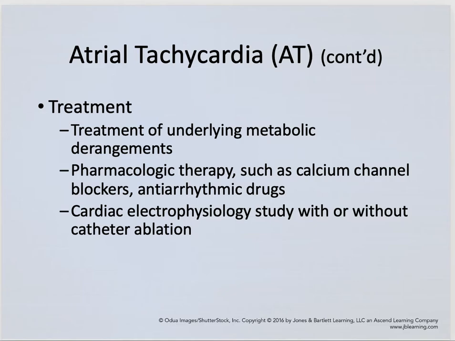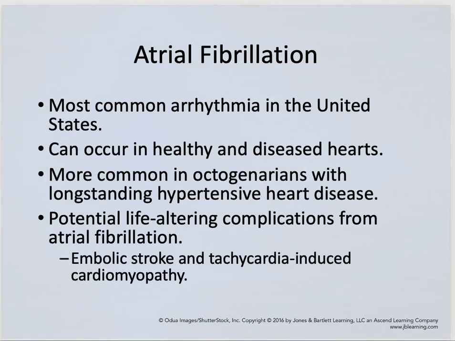They'll look at what medicines the patient is on, and pharmacological therapy usually uses calcium channel blockers and different types of antiarrhythmic medicines. The big thing, in the cardiac electrophysiology study, is looking at which cells in the heart are overly active, and whether they can go in with an ablation, a laser ablation, and cauterize those overly excitable areas.